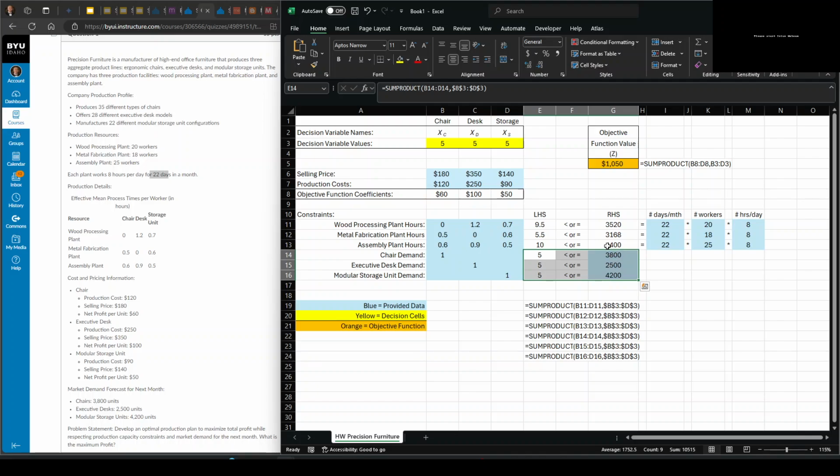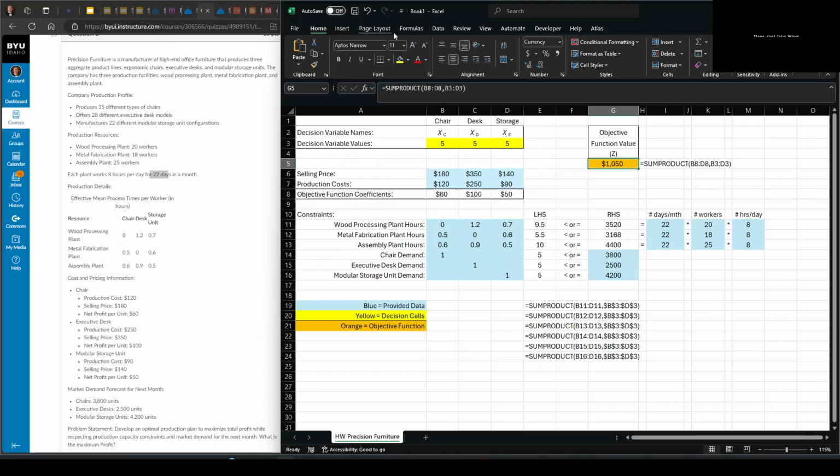Pretty powerful, right? So we have these constraints based on how much resource we can use of time in the plant. We have these constraints based on market demand. We also have these profit inputs, these coefficients. And the question is, if we wanted to maximize this number, how many would we produce?